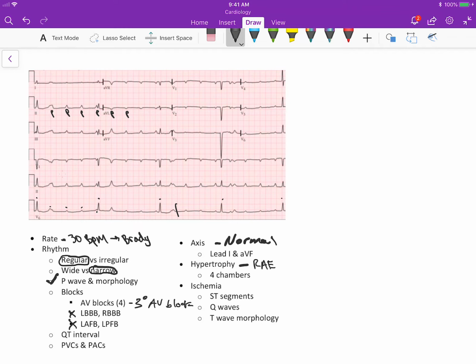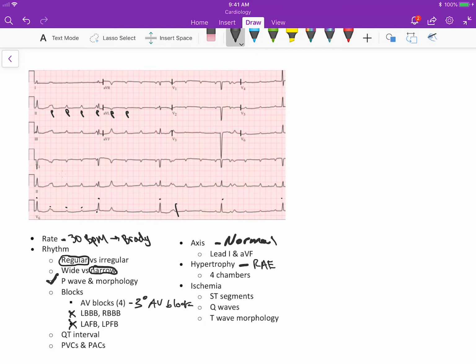In lead V1, yeah, I mean it's hard to tell. I'm not going to call that left atrial enlargement. So I think it's borderline. It could go kind of both ways. Maybe a little bit of right atrial, arguably maybe some left atrial enlargement. I'm looking at lead V1 for that left atrial enlargement.